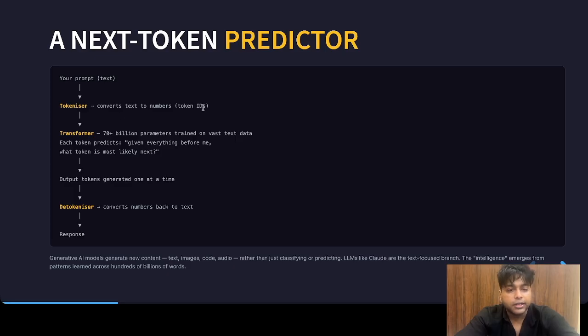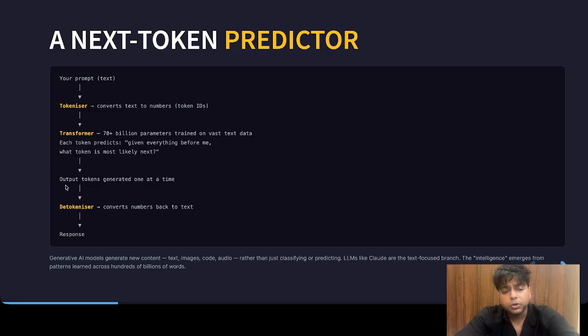Now from the tokenizer, these token IDs go to the transformer. The transformer has 70 plus billion parameters which are trained on vast text data. Each token predicts, given everything before me, what token is most likely next. From the transformer, we generate output tokens, and output tokens are generated one at a time.